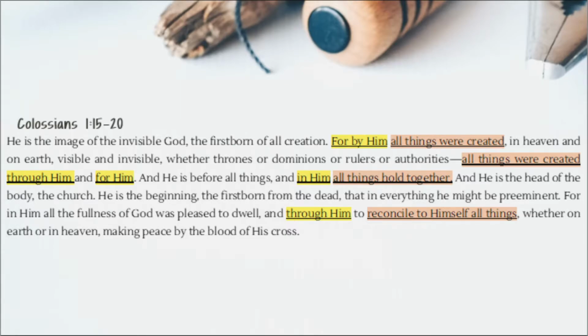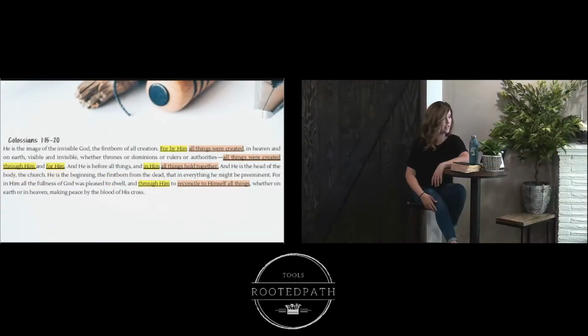So by him, out of his words, we were created, but we were created for his good pleasure, right? In him all things are held together, and then through him, through the cross, through the blood of the Lamb, he's reconciling to himself all things. And that's a progression, right?